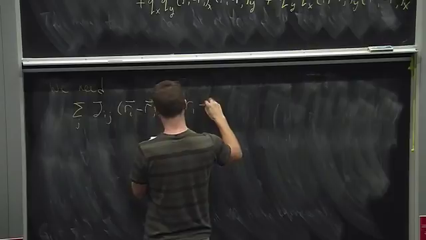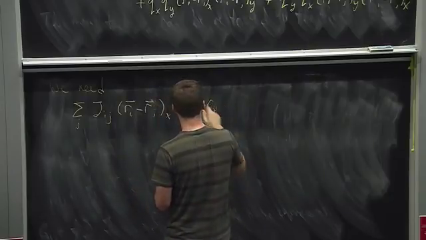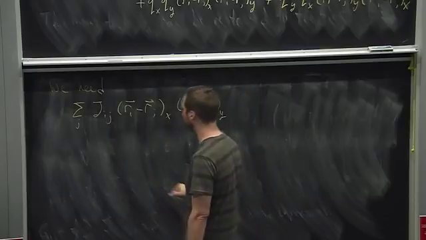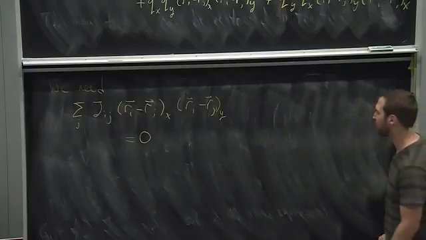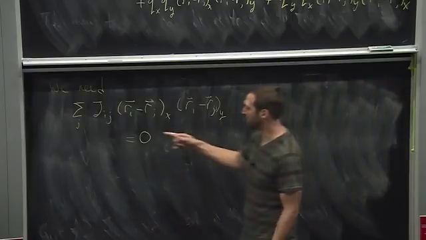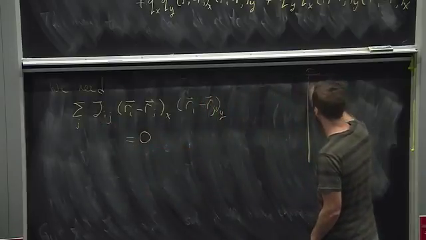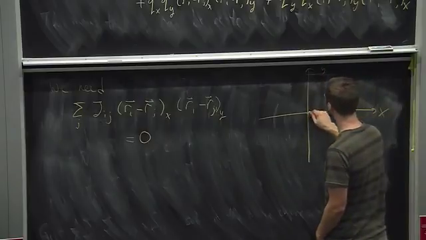Say, for example, i j, x and y. We need this term to be 0, which means we have to make an assumption about this again. So imagine you have a lattice site i.